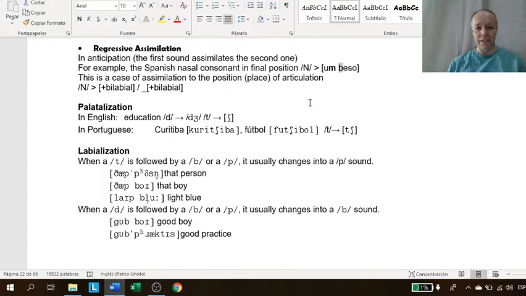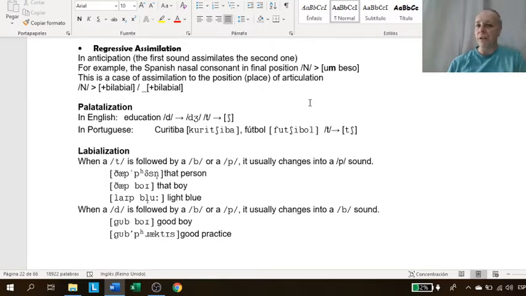So the B forces the other sound to be similar to it. We call that assimilation. The B sound assimilates the N sound and turns it into an M. That is called regressive assimilation. Why is it called regressive?